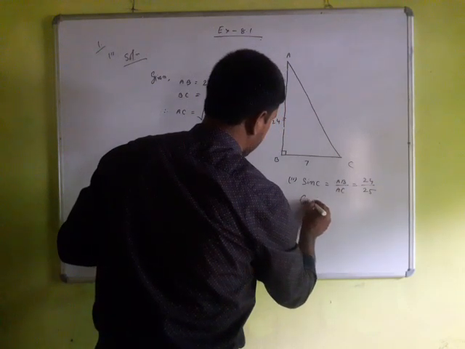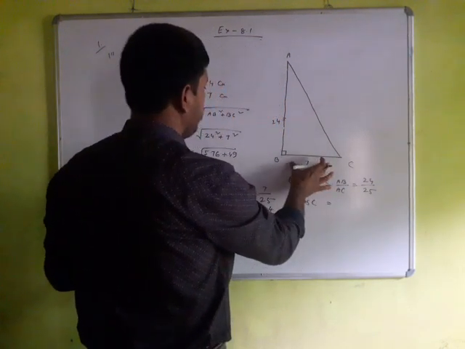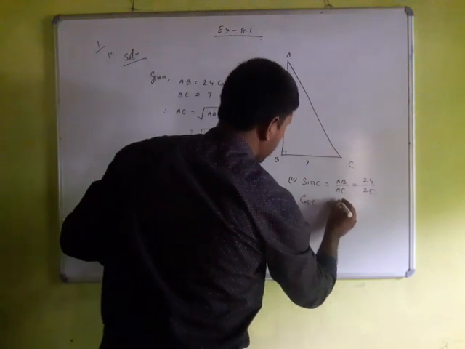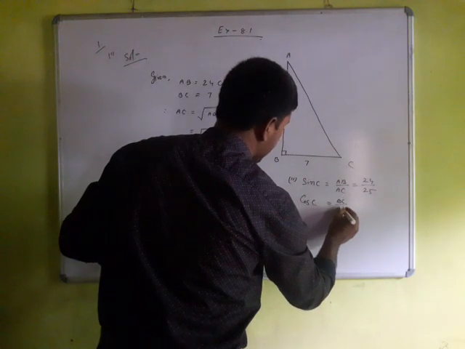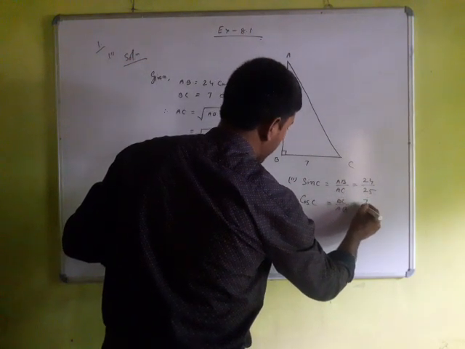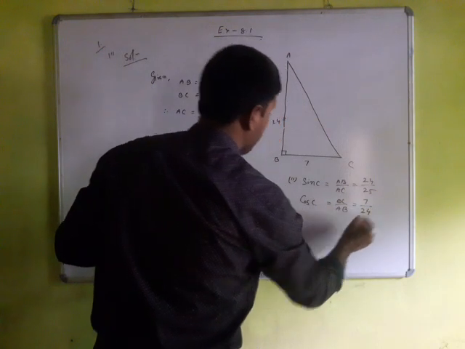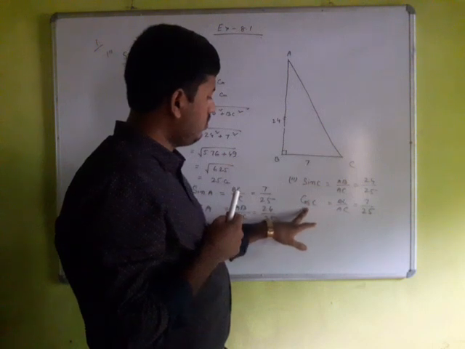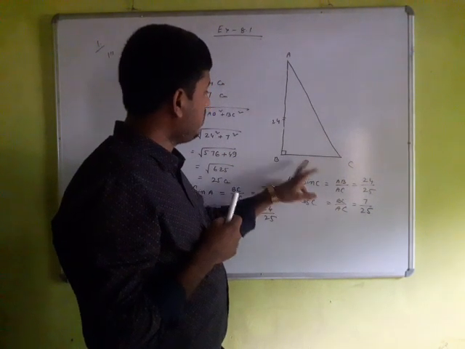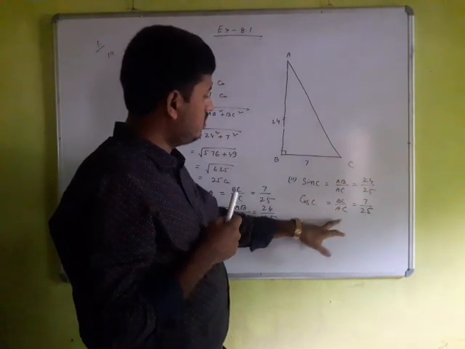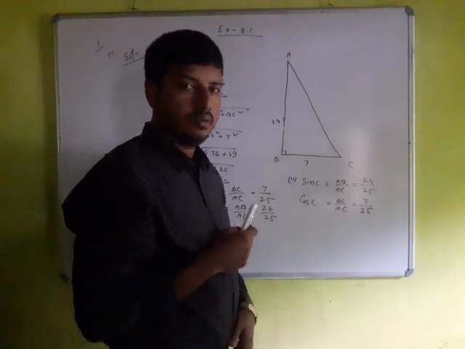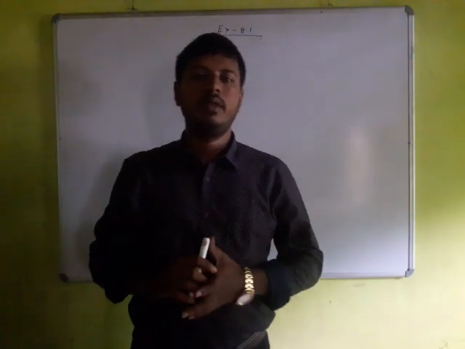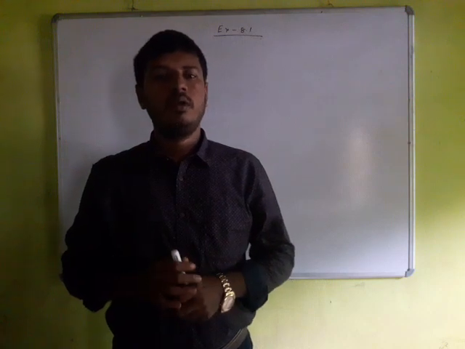Cos C equal to base by hypotenuse, means BC by AC, equal to 7 by 25. So we have solved exercise 8.1 question number 1.